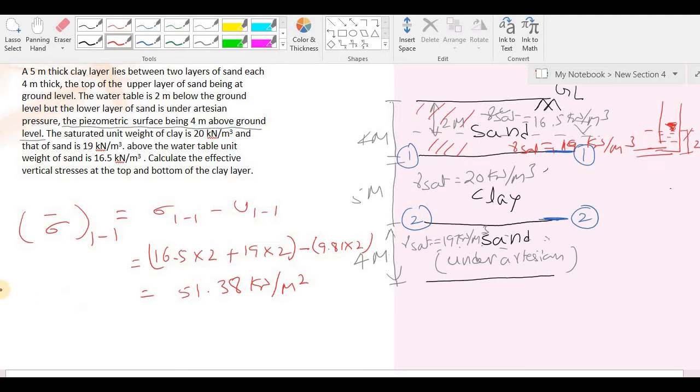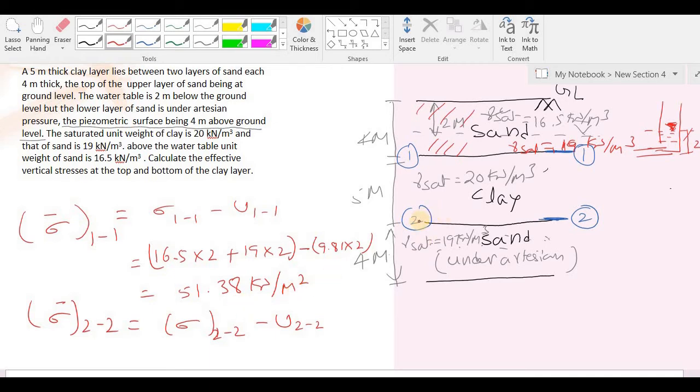Now we will calculate the bottom of the clay layer. This section made the question very beautiful. Okay, so same: total stress at 2 minus pore water pressure at 2.